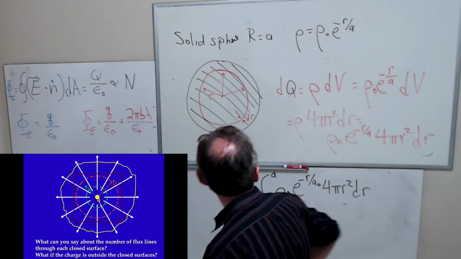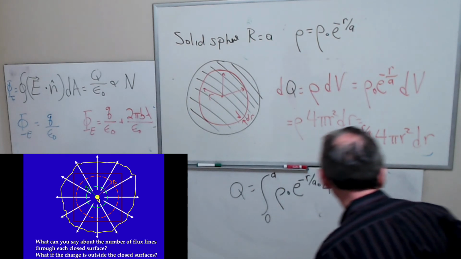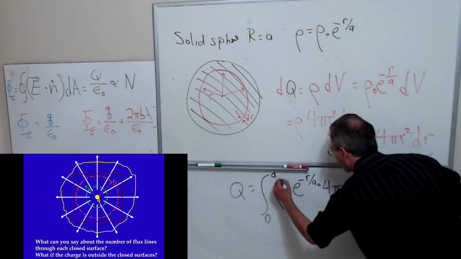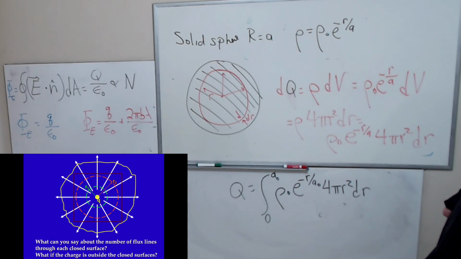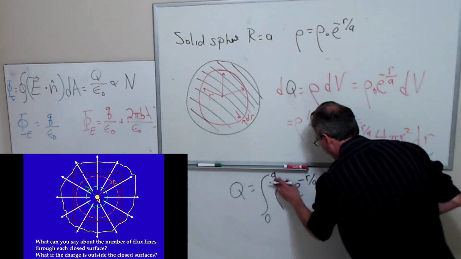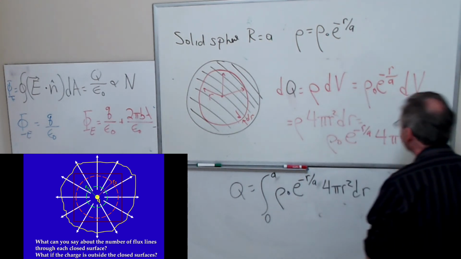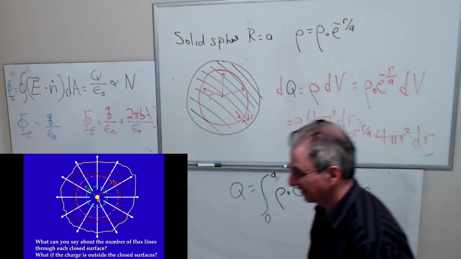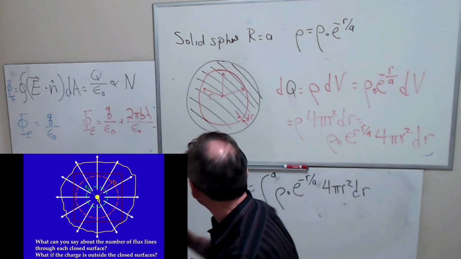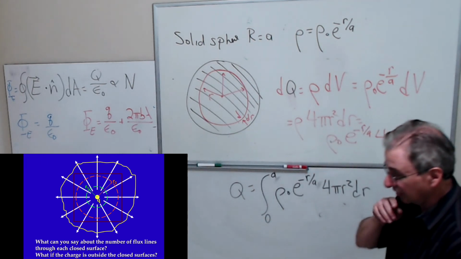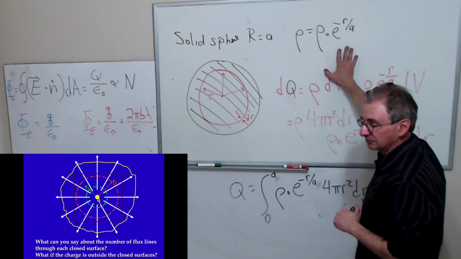What is a naught? A naught is the radius of. Oh, I'm sorry. I messed up. I'll tell you why I put a naught. Because this represents the charge distribution on an electron in an atom.